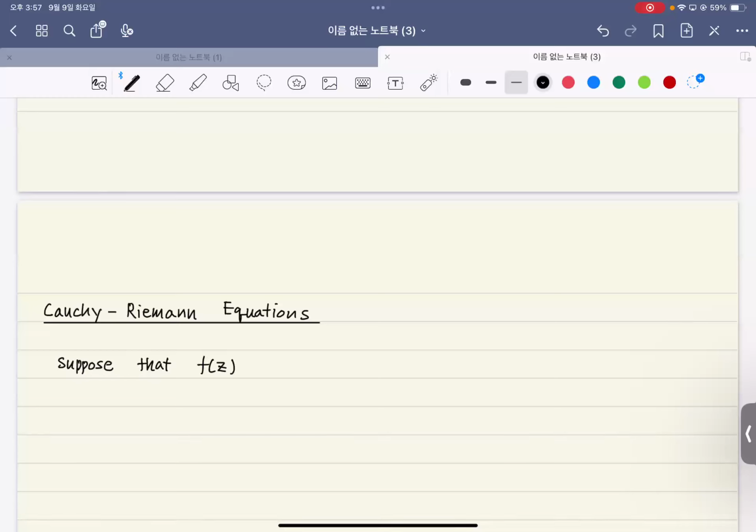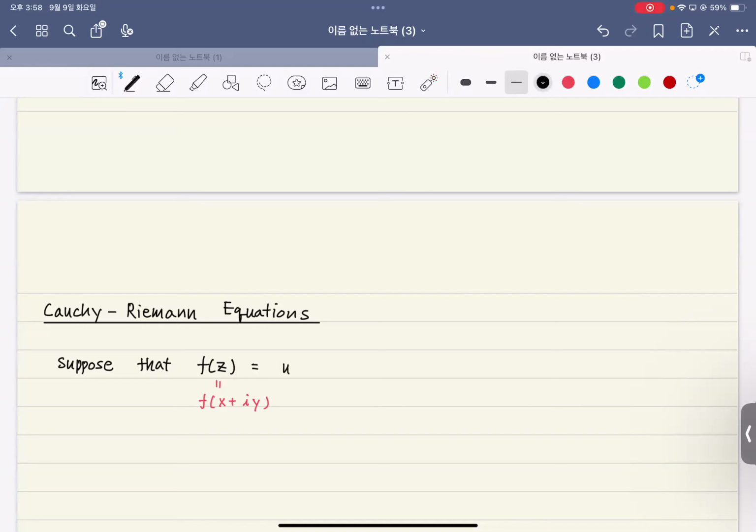So I have this function, and as always, z is x plus I times y. But f of z is a complex number, so I can divide it into a real part and an imaginary part.